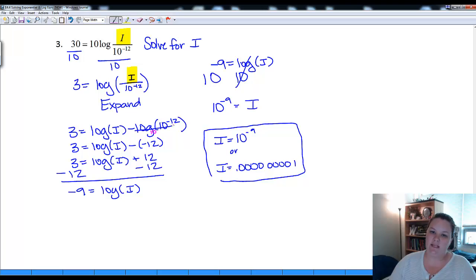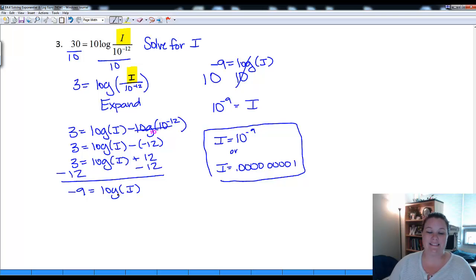The negative 12 in the exponent and the negative that was already in front of it turn into a positive 12, which I can subtract to the other side to combine with the 3, which gives me negative 9.